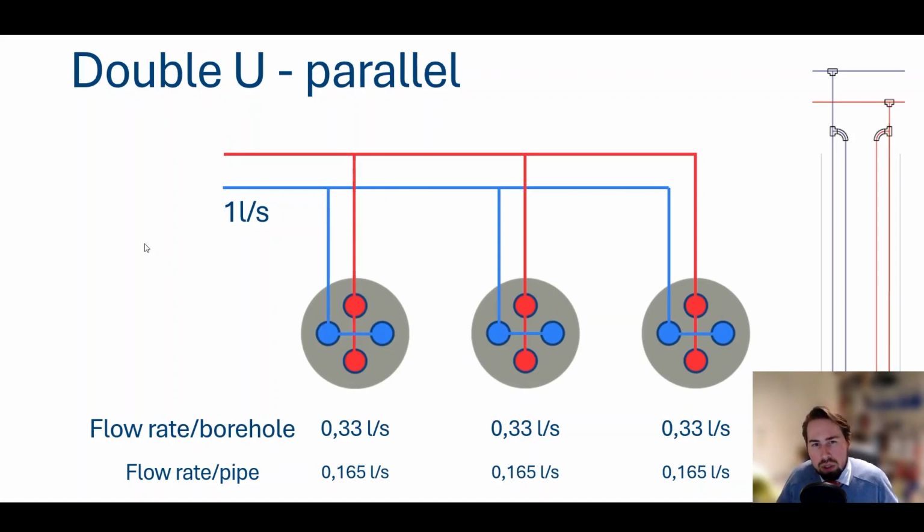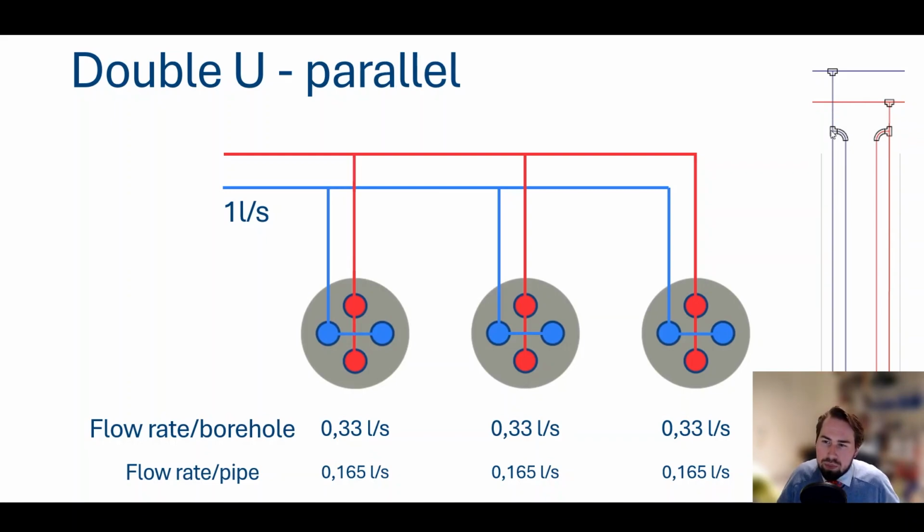If we go for a double U-tube, it's important to first take a look at how that borehole is connected internally. So if you look at the right, we have the pipe coming from our system's collector, and there is a junction towards the borehole. And at the start of the borehole, we see both U-tubes, it's a double U-tube, and they are also connected in parallel.